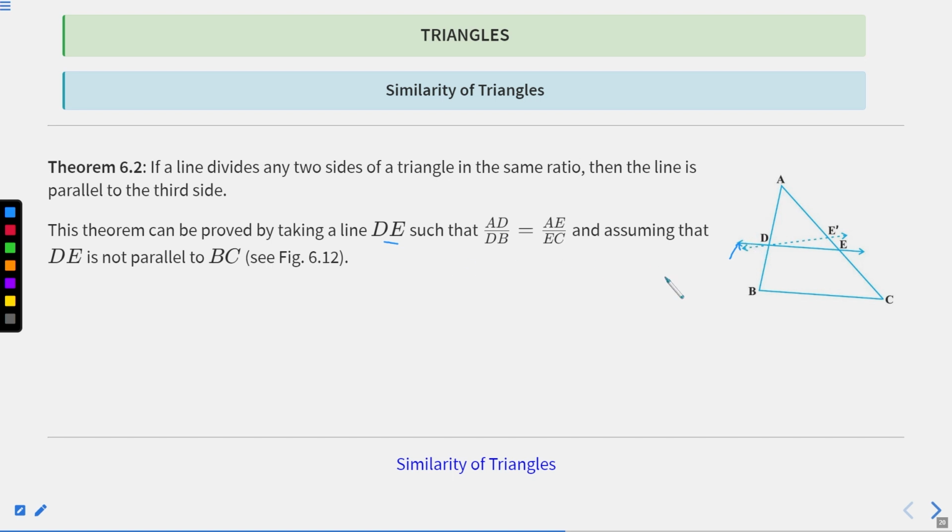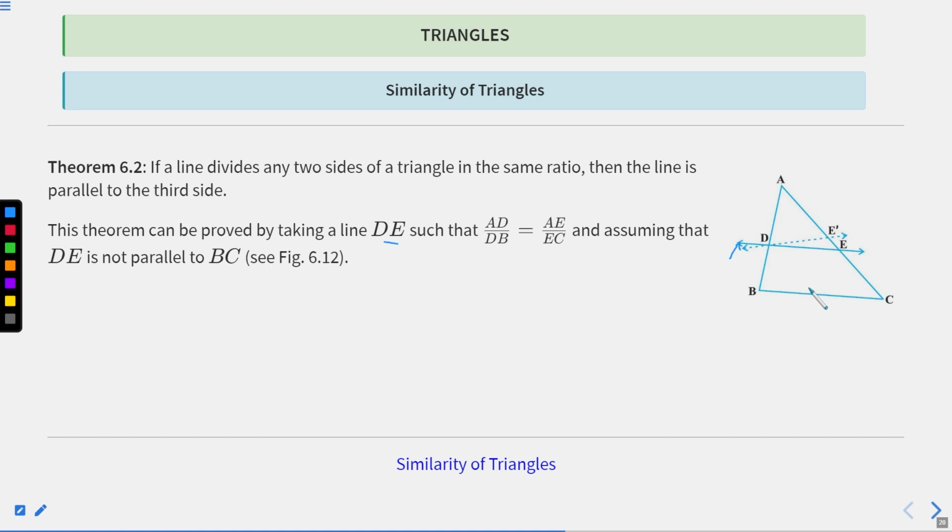Assuming that DE is not parallel to BC, we need to prove that DE is actually parallel to BC.